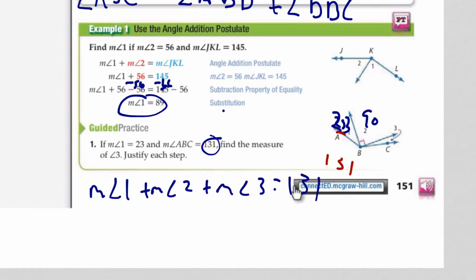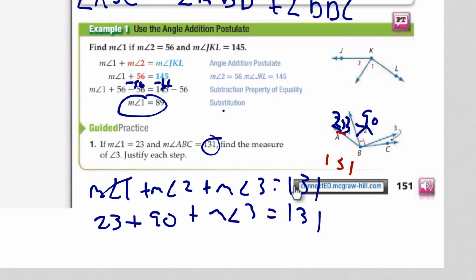Alright? Measure of angle 1 is 23, plus measure of angle 2, which we said is 90 because it's a right angle, plus measure of angle 3 equals 131. Well, I'm going to combine these two. 90 plus 23 is 113, plus measure of angle 3 equals 131. Subtract 113.